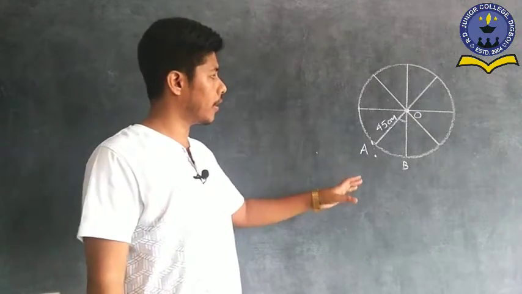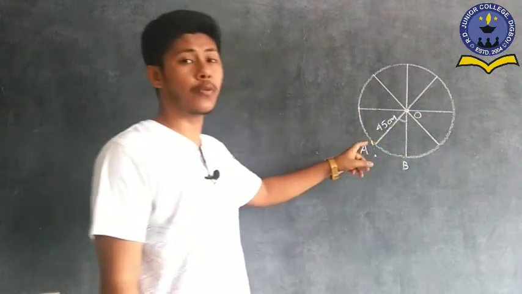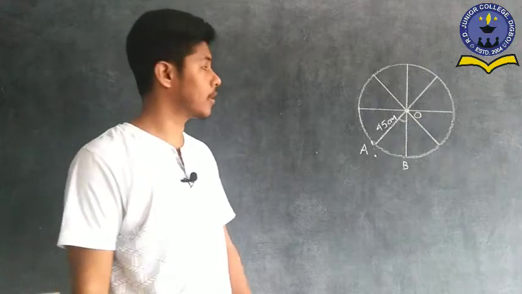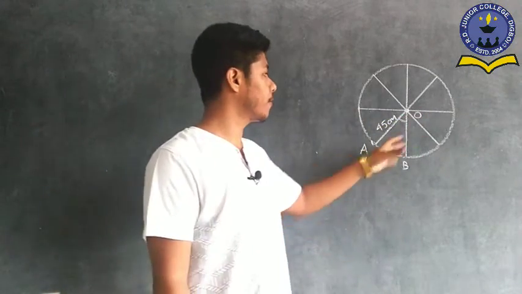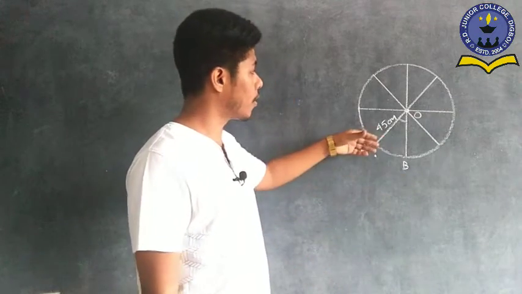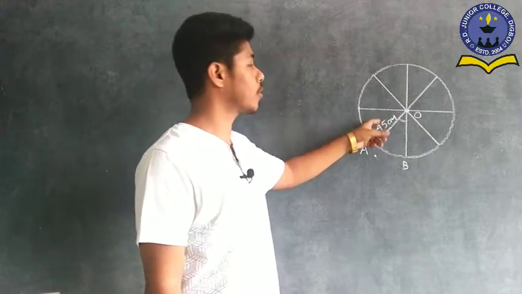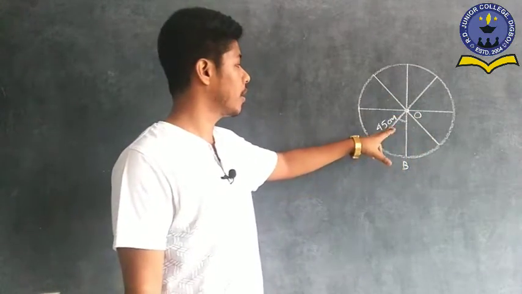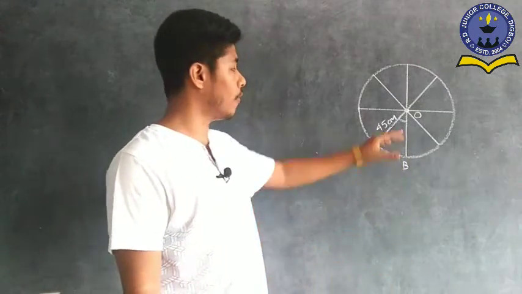So if there are 8 equal parts, one complete revolution we know is equal to how much? 360 degrees, isn't it? So that means 8 such parts are there. If we convert this into one part, the total angle of the complete revolution is divided by 8, and then easily we get the angle of one part.